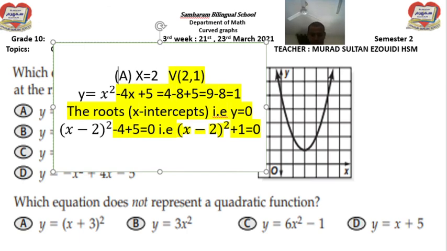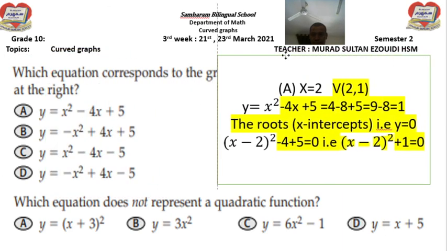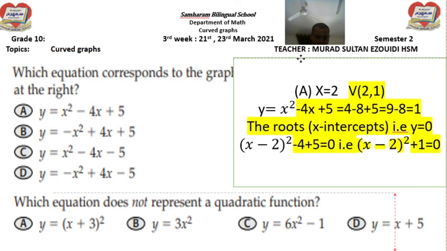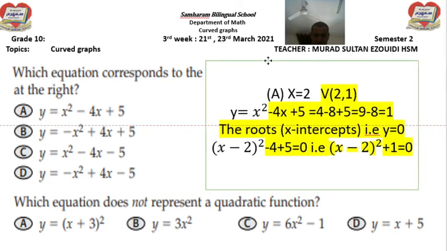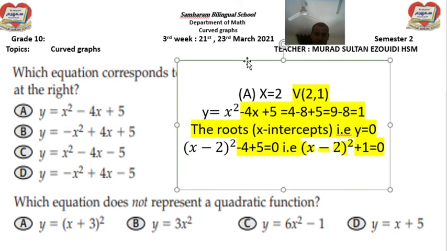Okay. Now the second part. The second part: which graph does not represent a quadratic equation? So we can now cancel this one.